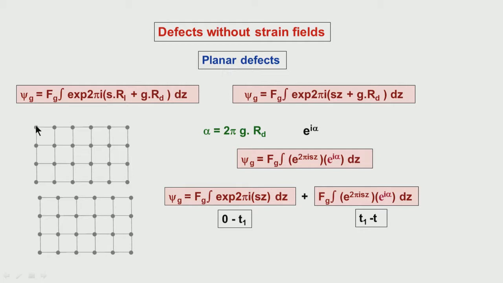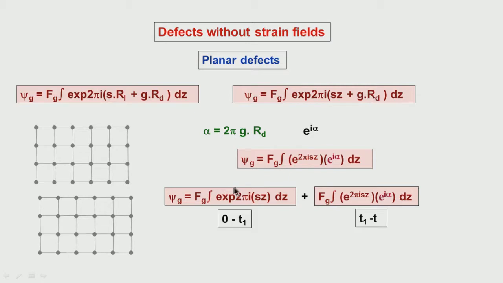See, if you have to find out the amplitude, how do we find it? What is going to be the amplitude up to this point? We can calculate it using this expression. Here there is no defect present, so R will become 0, right?